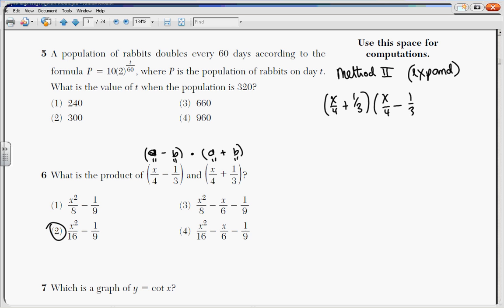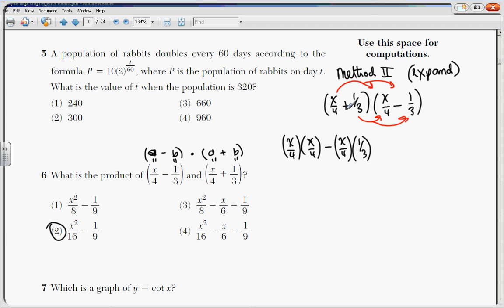You see we get the same answer, right? So all you do is just distribute. So I'm going to go this and this, and then I'm going to go that and that, all right? So let's do the first one. First, we're going to have x over 4 times x over 4. That's first. And then minus, because you have a minus here, x over 4 times 1/3.